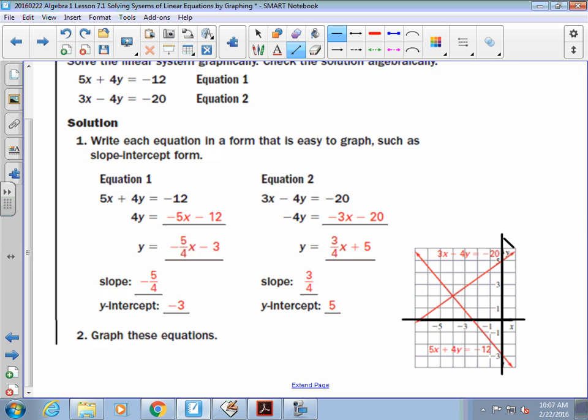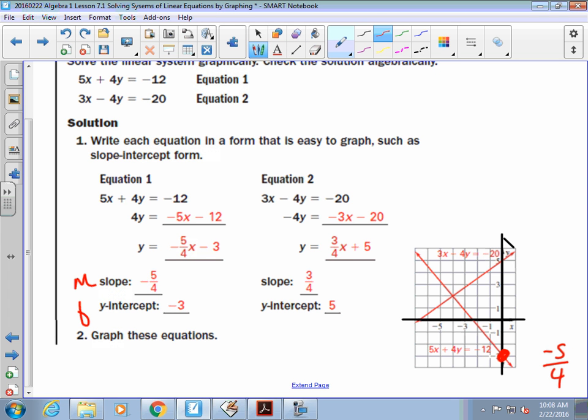Then when we graph the first equation, y equals mx plus b, your b value tells you to begin at negative 3. That's that point right down there, 3 below 0. Your m value is negative 5 over 4. So that tells you to go down 5 and to the right 4. Now, the way we got it on our graph, remember, your negative doesn't matter if it's at the top or the bottom.